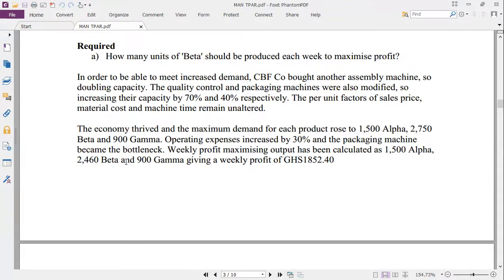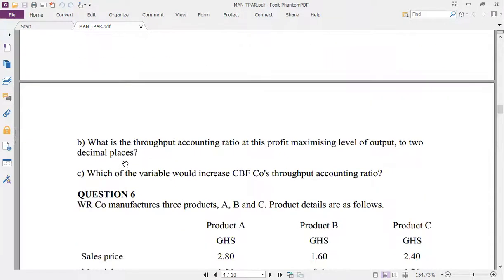Now let's go to the requirement. What is the throughput accounting ratio at this profit maximizing level of output to 2 decimal places? So they need the throughput accounting ratio at this level. That is all. Second question, which of the variables would increase CBF Co's throughput accounting ratio?